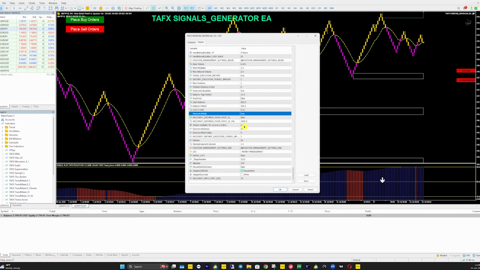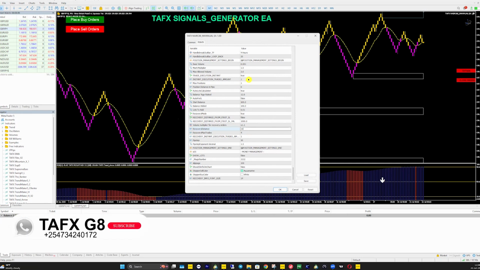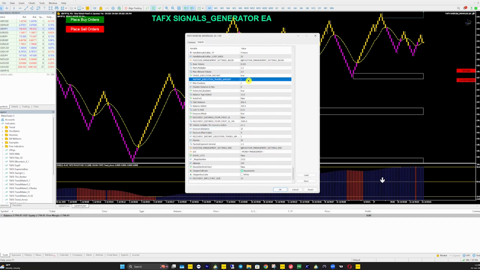The second one, we are going to check the distance. Suppose now we want to check to add the next position. You can see instant execution here, it's only one position. Even if I want to take 5 positions at once, I can just set 5 there.